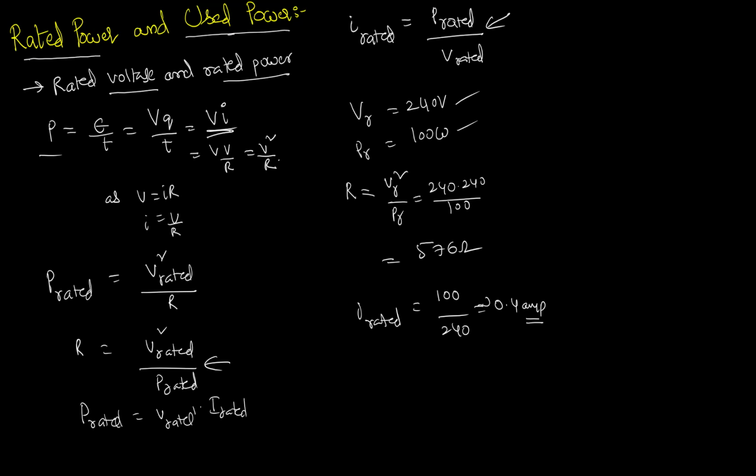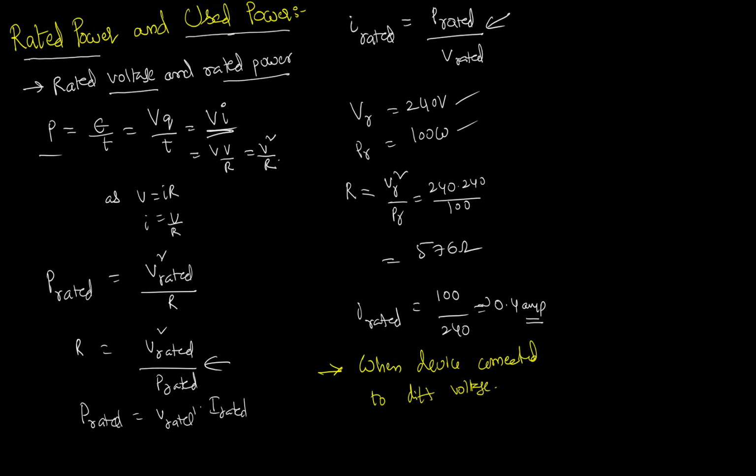So using these rated values, we can calculate some data. But many times we don't connect the device to the rated voltage. When the device is connected to a different voltage than the rated voltage, the utilized voltage, then it delivers a different power than the designated power, because its resistance is always constant.